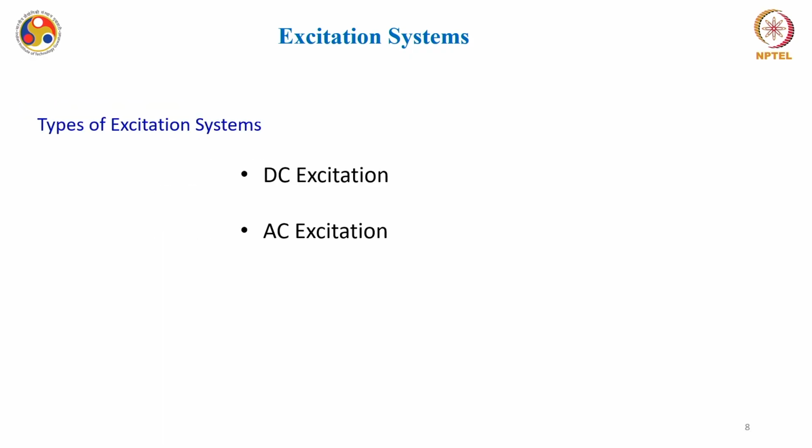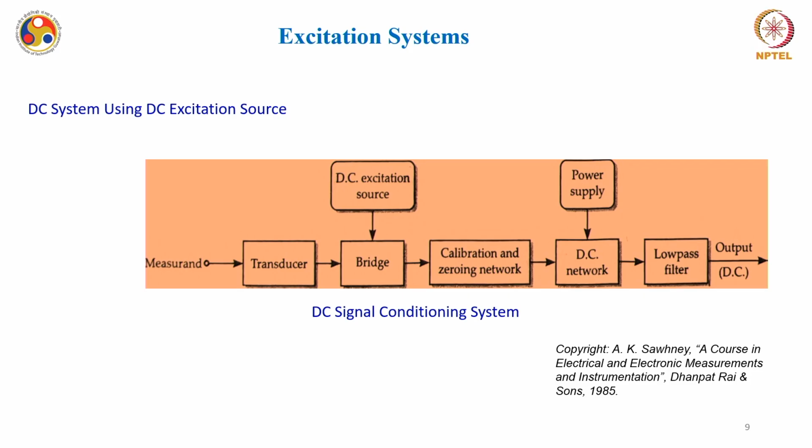There are typically two kinds of excitation, though this is not limited to only these two, which are DC excitations and AC excitations. You have other kinds of excitations like pulse excitations and so on, but we will confine our discussion to DC excitations and AC excitations. This is a typical DC signal conditioning system which uses a DC excitation source.